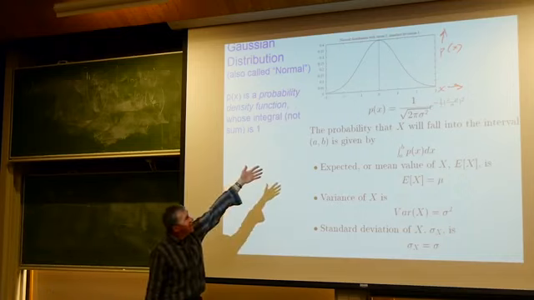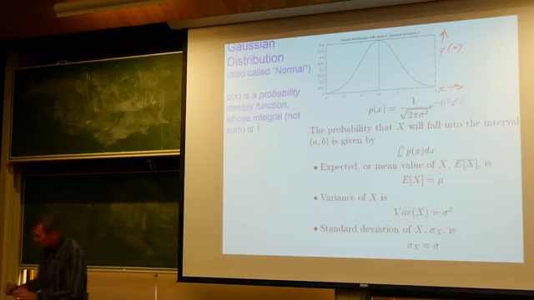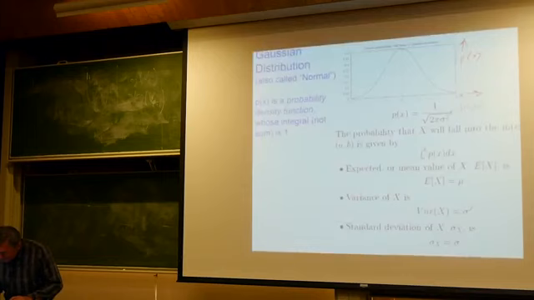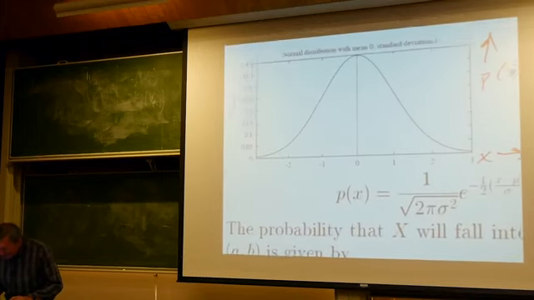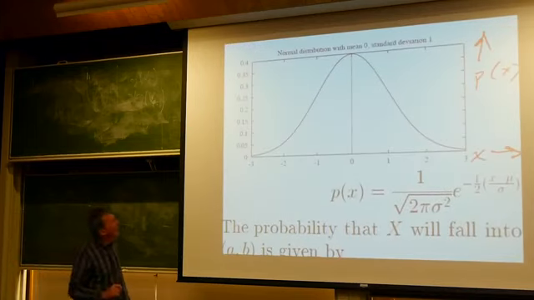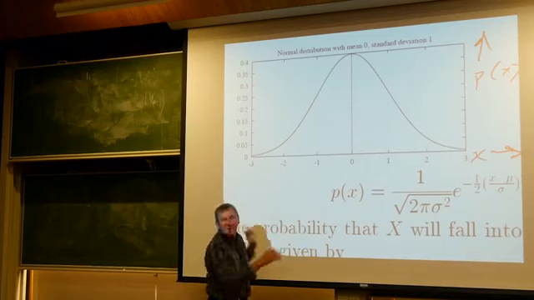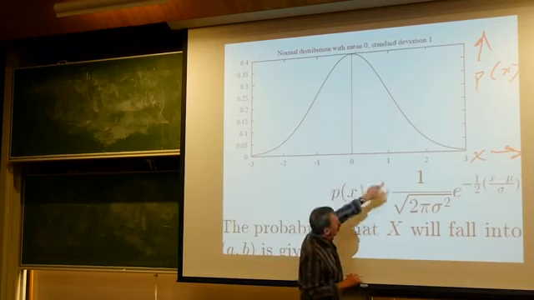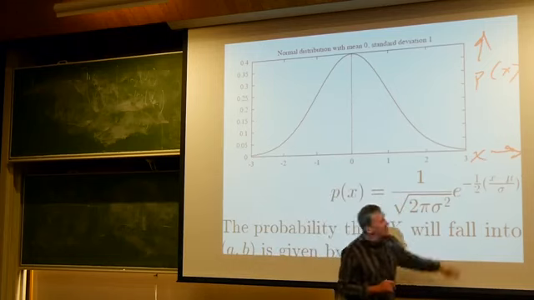So for this particular distribution, you can see the probability density is highest when x equals 0, and then it falls off as x gets away from 0.